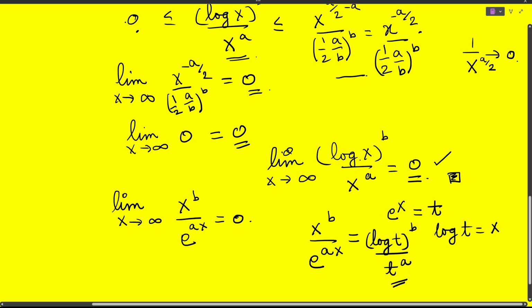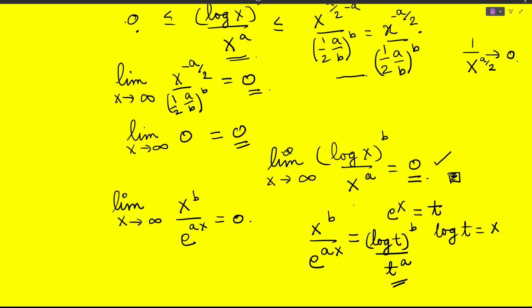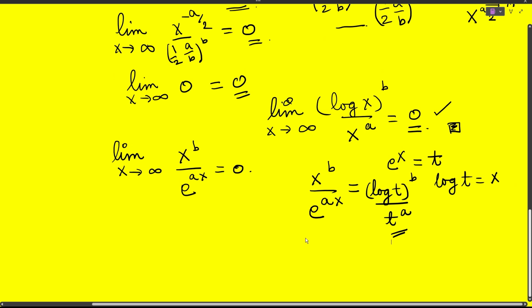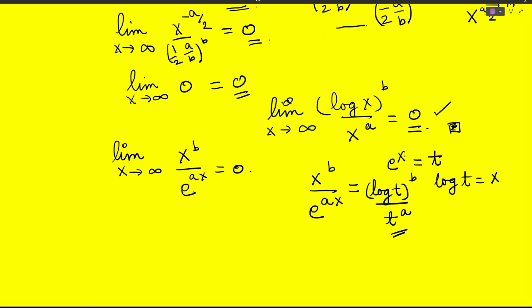Well, this is of this particular form here, right? The only difference is that instead of x, this is variable t, but that's perfectly okay, because when you take x to infinity, your t also goes to infinity, right? So when x goes to plus infinity, t goes to plus infinity, right?